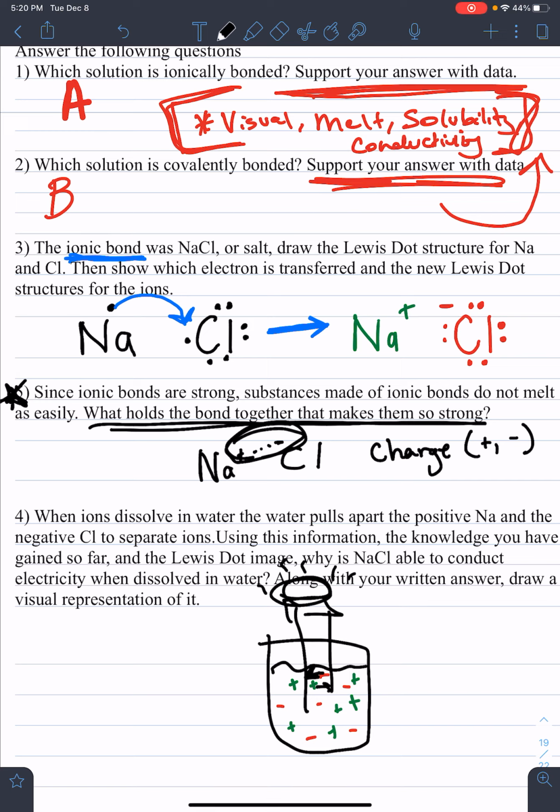Now, when we had the sugar, this is a different picture, you don't need to draw this, but when we had the sugar in here, it also dissolved, but it was just not in charged particles. So they weren't able to bring any of the charge back and forth, or to the right side. And so it needed to have the plus and the minus to be able to light up the light bulb. So it had to be an ionic bond.